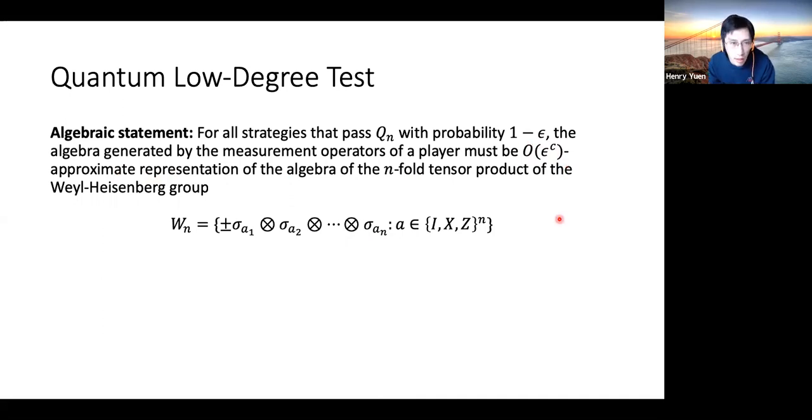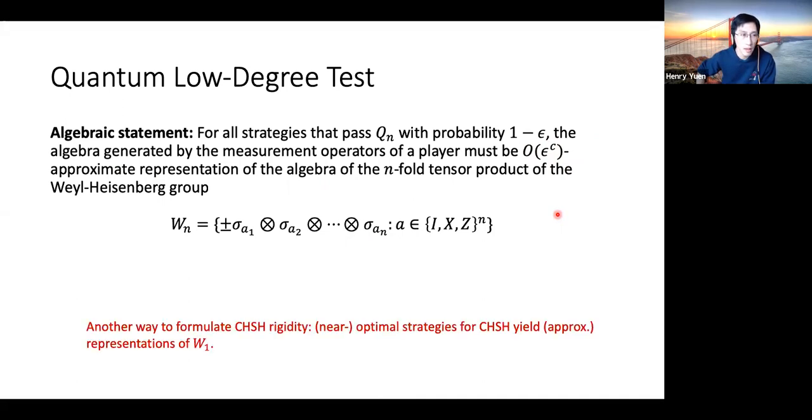It only depends on how close you are to winning with probability 1. And also, this is a very helpful way of formulating the CHSH rigidity, the simple game that I described before. Near optimal strategies for CHSH yield approximate representations of the Weil-Heisenberg group with just one coordinate.